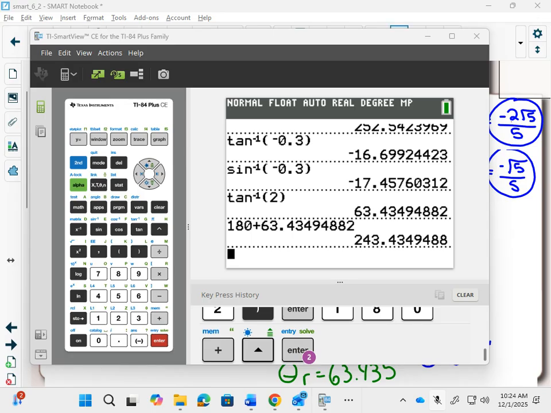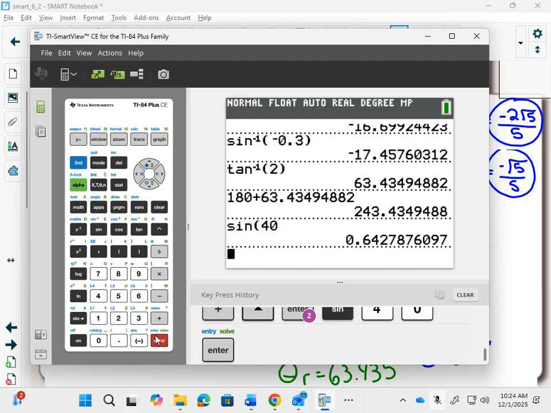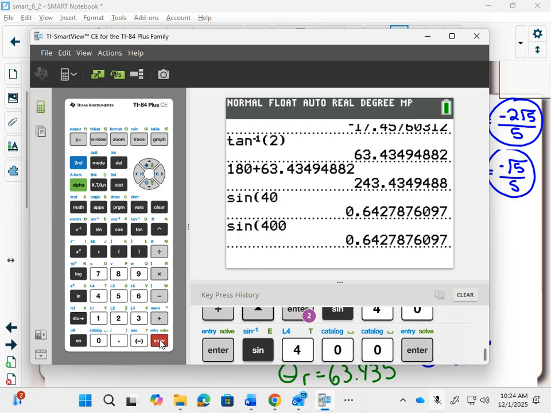I do sine of 40, and then I do sine of 400, and they're exactly the same, because they have that same reference angle. So if I wanted to do trigonometry at 400 degrees, I could, but really I'm just doing the same triangle of 40 degrees in quadrant 1.